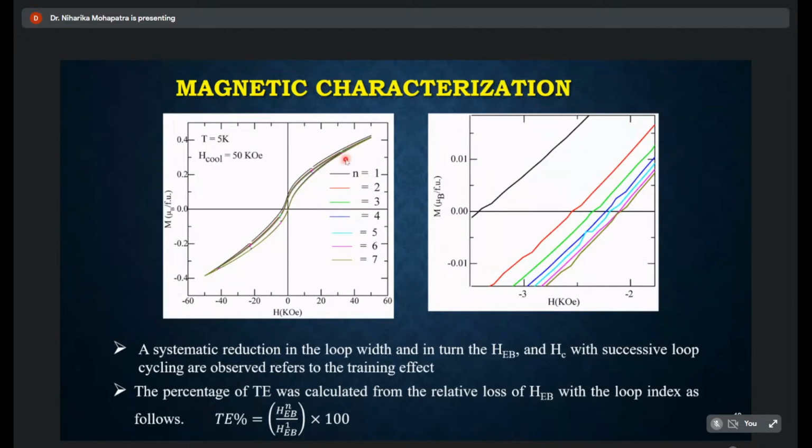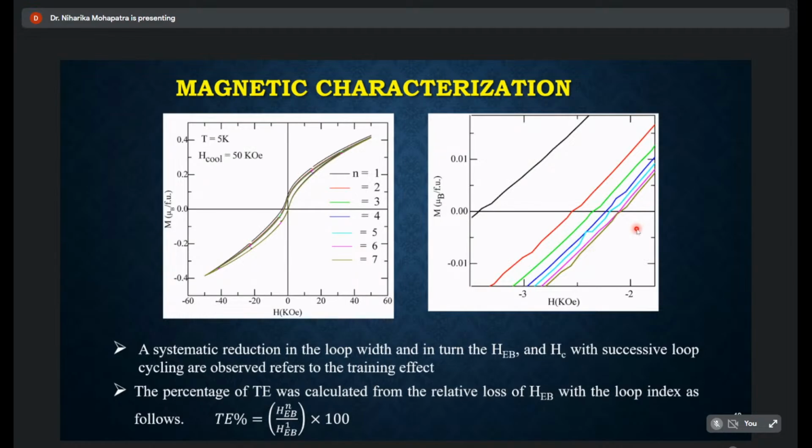We reduce the field to -5 Tesla, then +5 Tesla, then again -5 Tesla, +5 Tesla. Like that, we do the cycling many times. If we find a reduction in the exchange bias field, then this particular effect is known as the training effect.